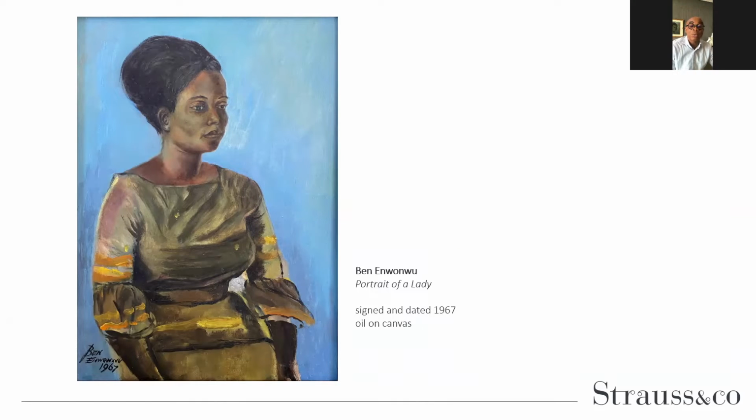And this work was, I believe, a painting of a lady who was related to the artist, Ben Wangu. It reminded me so much of my mom and my aunties. So from a personal point of view, that drew me to this work.